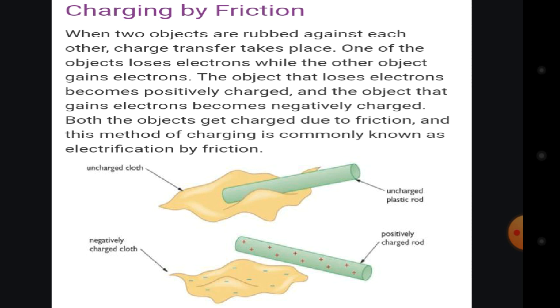Whenever the object loses electrons, that means it is a positively charged rod, or whenever it gains electrons, that means it is a negatively charged rod or cloth or something like that. So this is how we produce a charge, not electric charge only.